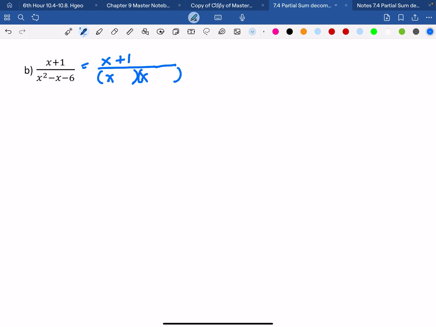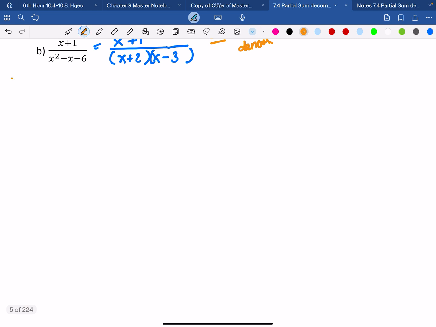Hopefully you see that that is x plus 2 and x minus 3. So that is your step 1. Again, factor only the denominator.